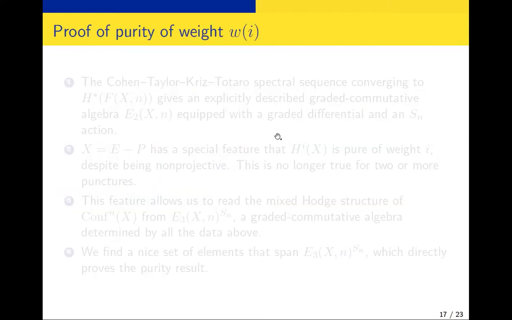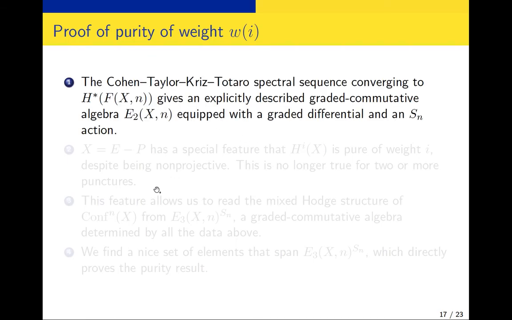Okay, so let's sketch the proof of the purity result. First of all, there is a spectral sequence converging to the cohomology of the ordered configuration space. It gives an explicitly described graded commutative algebra called E_2, equipped with a graded differential map and S_n action.